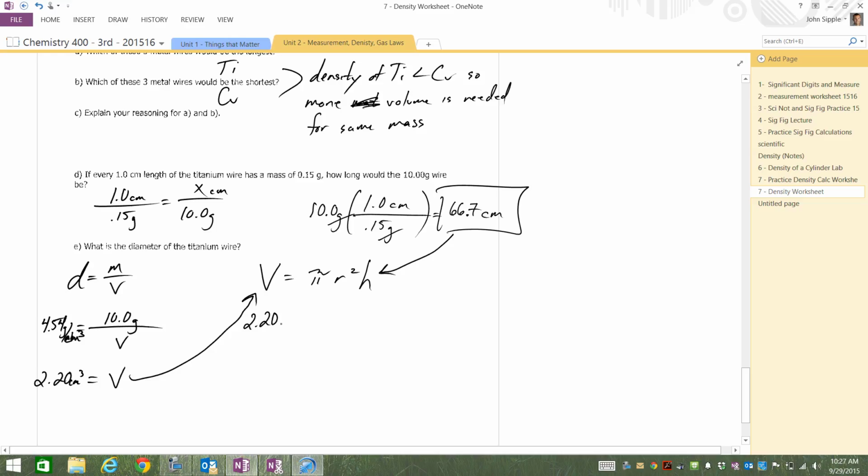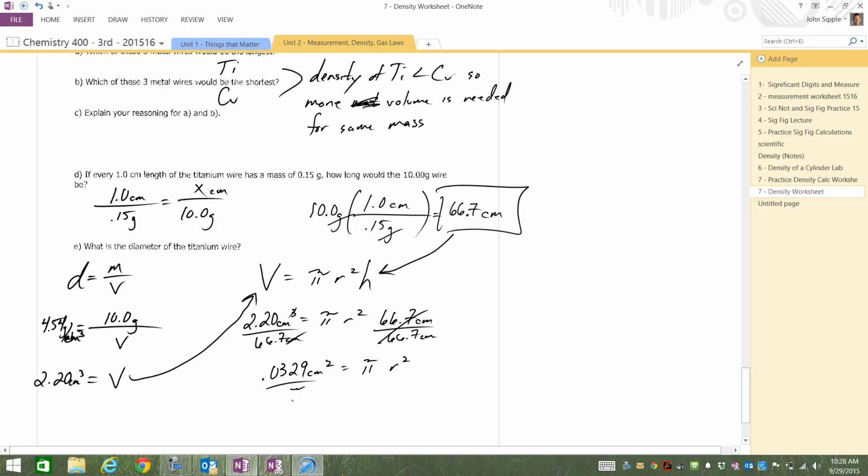So I'll do it the long way here to just show you how the units cancel. Pi r squared, and we got 66.7 centimeters. So I'll divide each side by 66.7 centimeters. I'm going to do it the really long way. One of the centimeters cancels, so I have, I got 0.0329 centimeters squared is equal to pi times r squared.